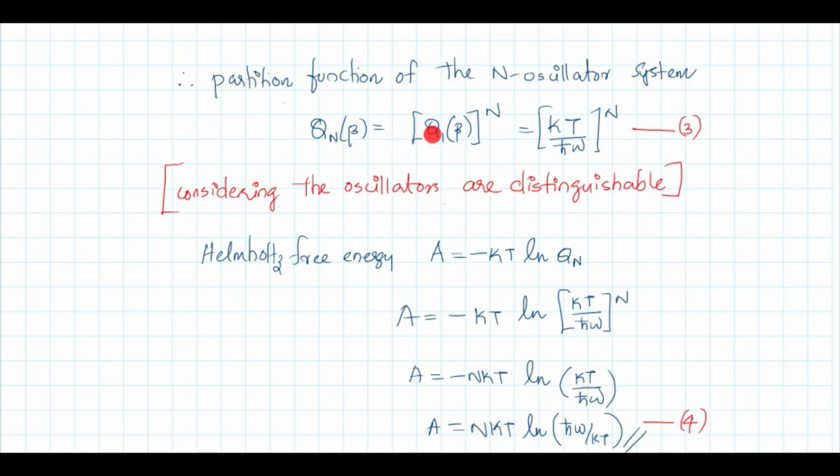Substituting for q1 of beta as kT by h cut omega, you will get qn of beta as kT by h cut omega raised to n. Here kT is nothing but 1 by beta.